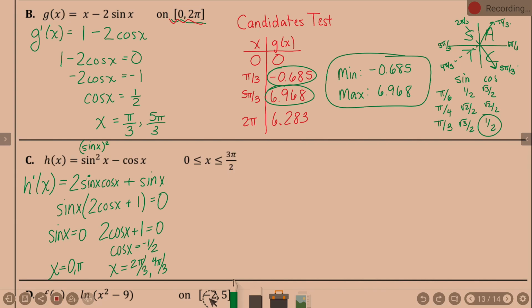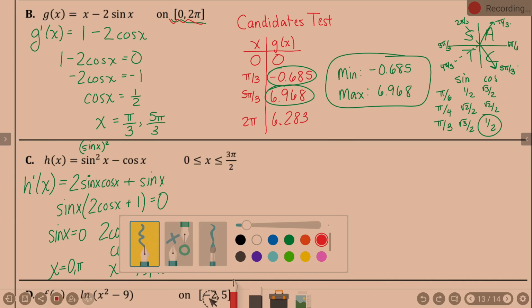Okay. Candidates test. Somewhere we've got a min and a max.